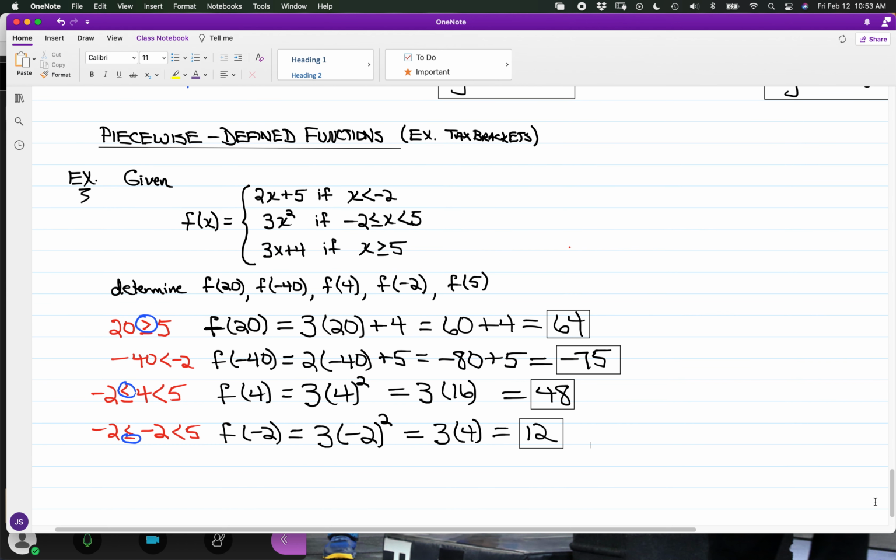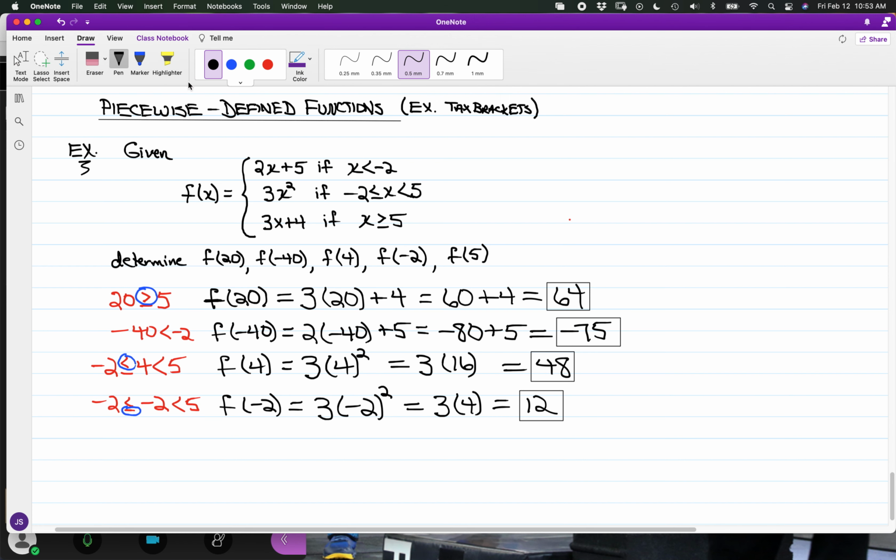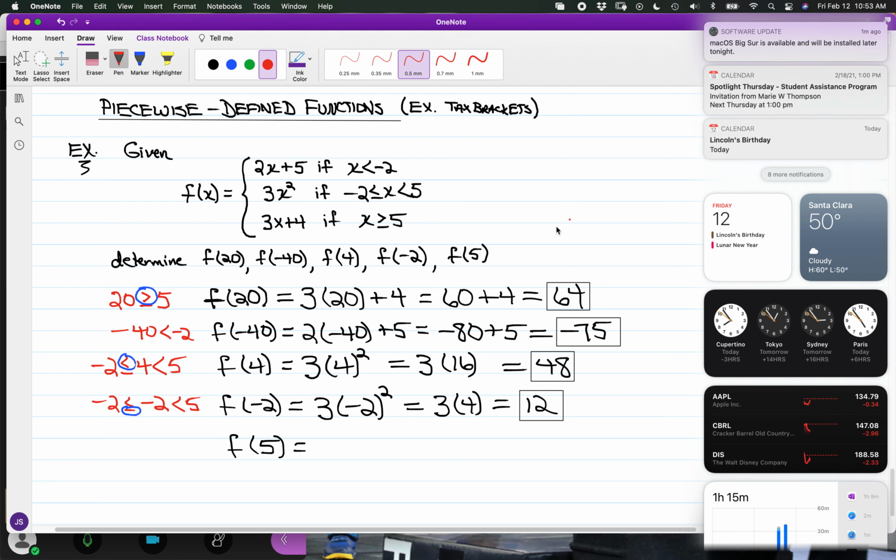And as for what we have for f of 5, among the inequalities to which 5 is going to be applied, 5 is not less than negative 2. And for the compound inequality, negative 2 is less than or equal to 5. However, 5 in turn cannot be less than itself. And as for the last inequality, 5 is not greater than itself, but it is equal to itself.